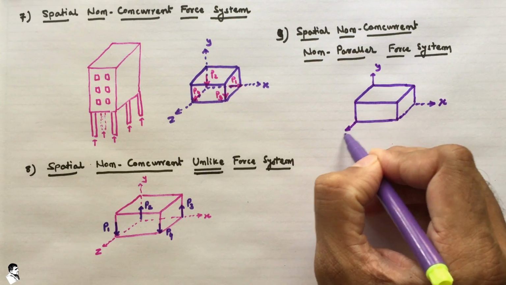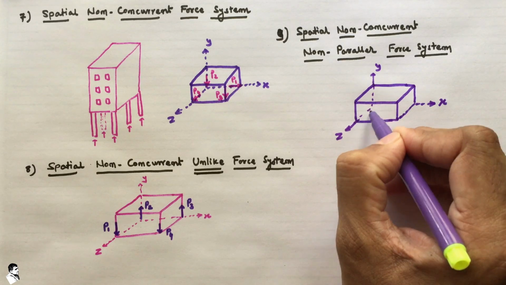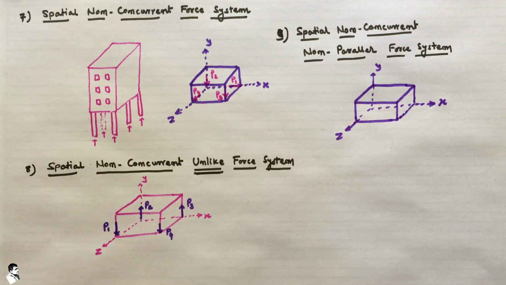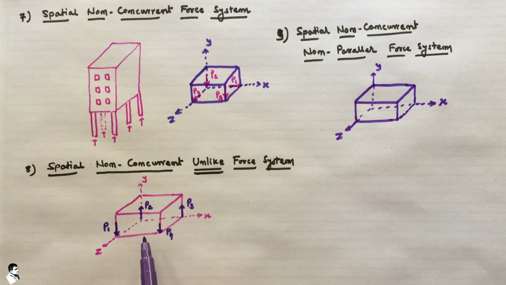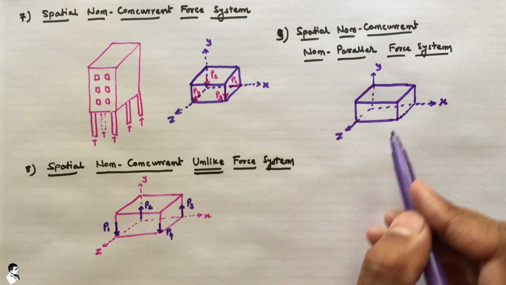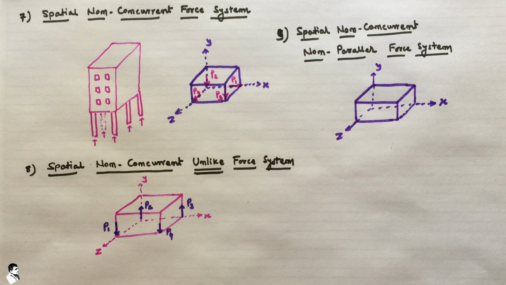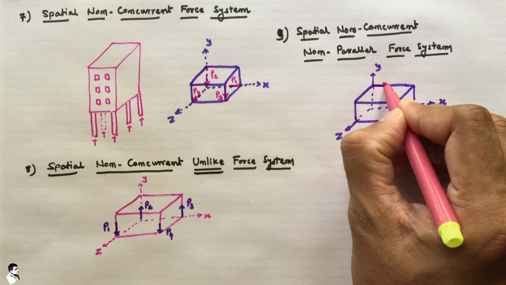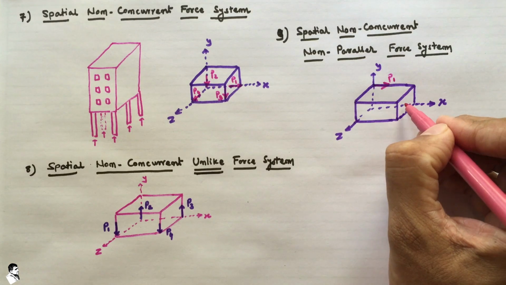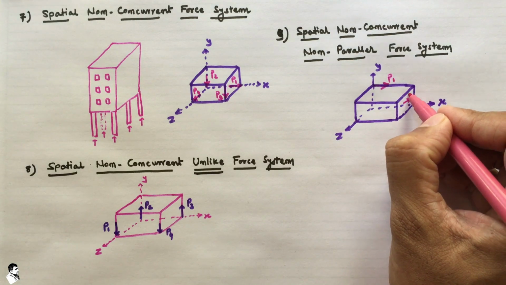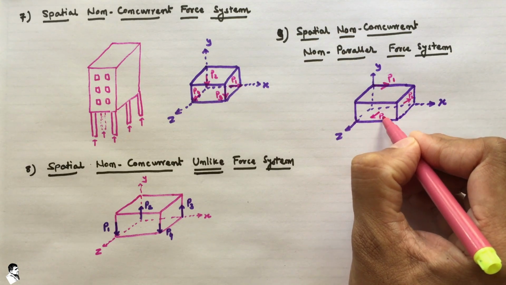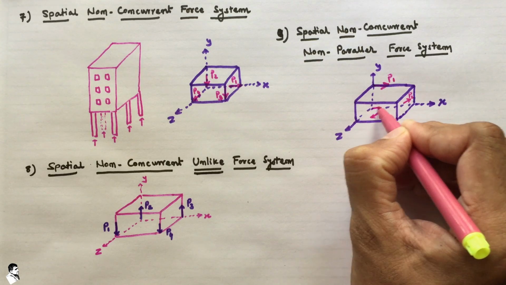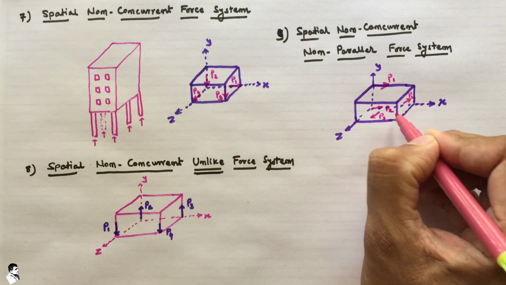So here we understand this system with a Cartesian system. So spatial, that means the forces are in different planes, not meeting at the same point, and also non-parallel. Here those are the parallel forces, but here we can take non-parallel forces. So again this force is P1, again you take in this direction, that is P2, here in this direction that is P2, and here this is P3 and P2, right?